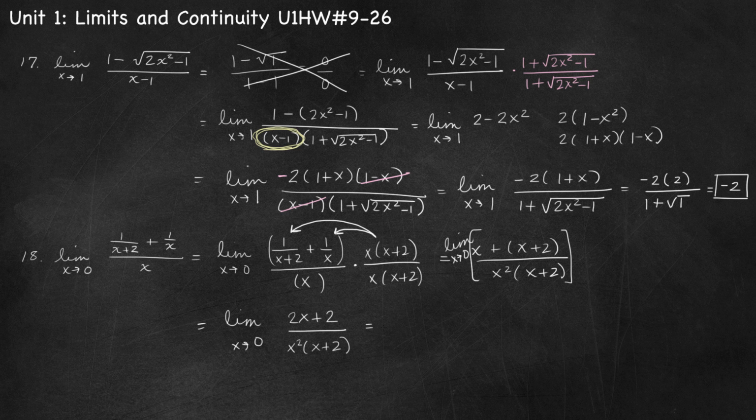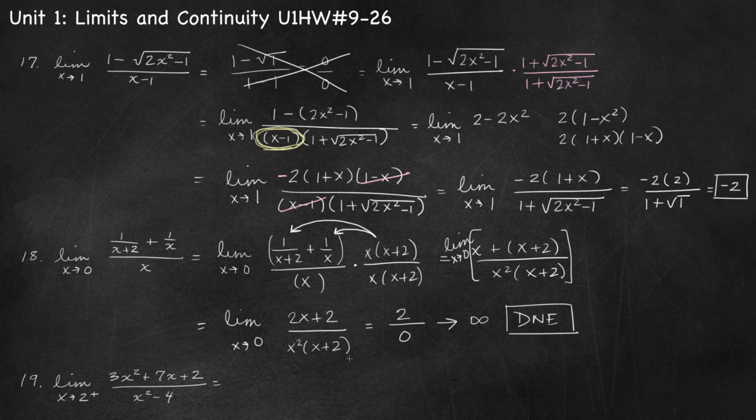So substitution gives me 0 plus 2 in the numerator, or just 2 in the numerator. And it gives me 0 times 2, or 0 in the denominator. When we have a non-zero finite number in the numerator and we're dividing it by 0, that is going to approach plus or minus infinity, in this case positive infinity, since our numerator is positive. So this limit does not exist.